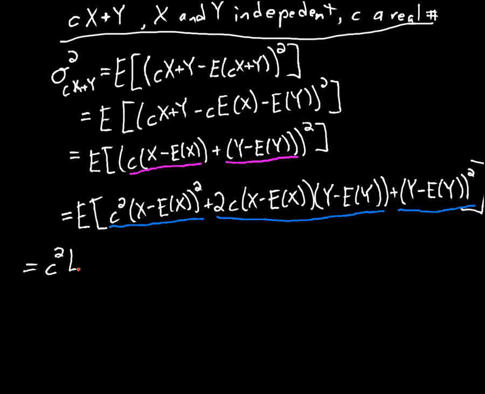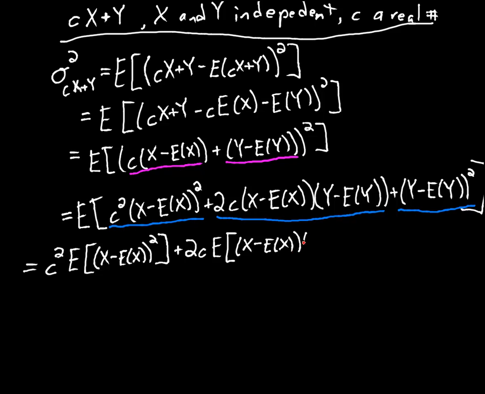So that'll be c squared times the expectation of x minus expectation of x squared. Plus, again, this constant will come out and we'll get 2 times c times the expectation of x minus expectation of x, y minus expectation of y.